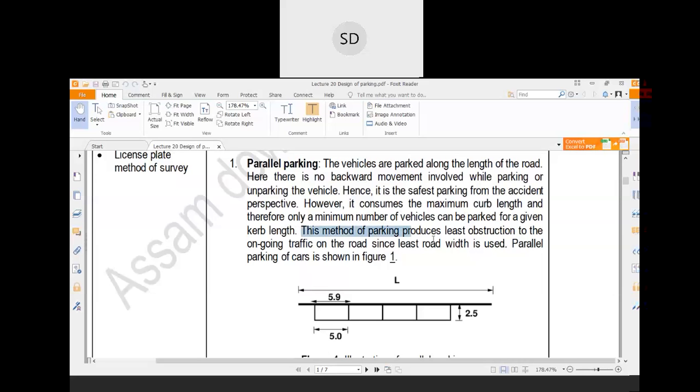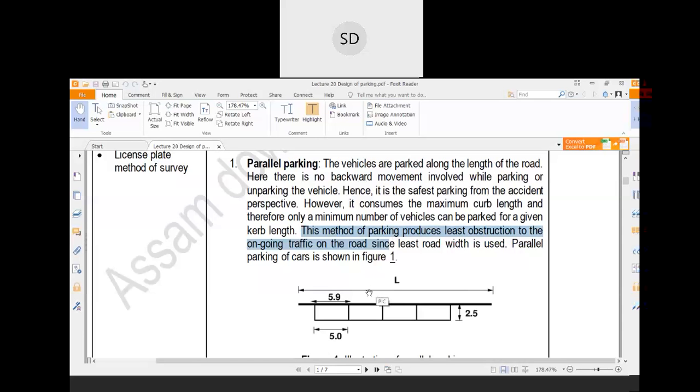Now, this method of parking produces the least obstruction to the ongoing traffic on the road, since there is no backward movement associated with the vehicle, and the vehicle can see the approaching traffic in the adjoining road and can easily merge with the traffic.